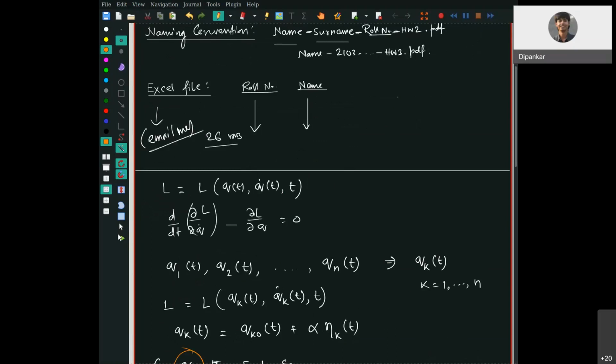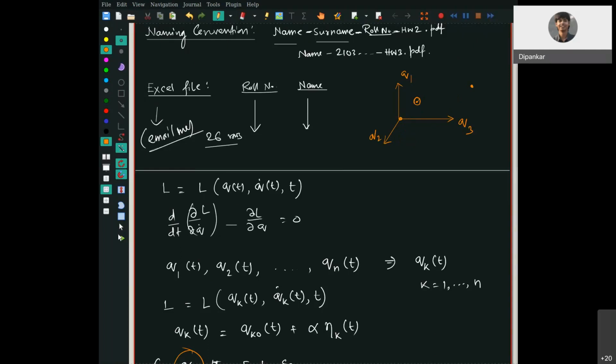What I mean by that is that suppose you have just q1 and q2, so that I can draw this. So this is your q1, and this is your q2, and this is your t. Or rather, let me draw q3 here, and t is an implicit variable. So at t equals t1, the thing was here, and at t equals t2, the thing is there.